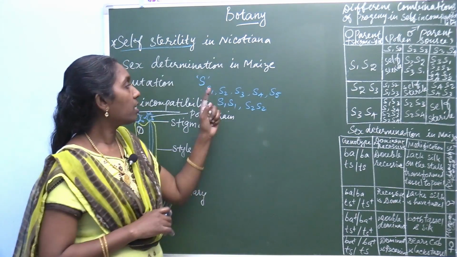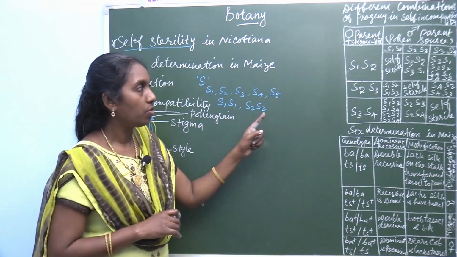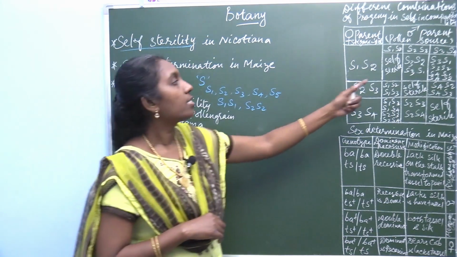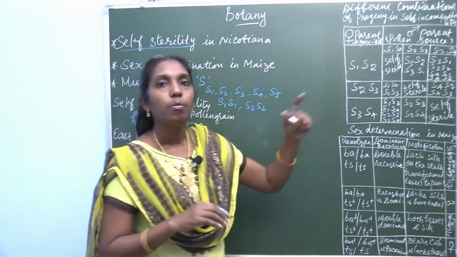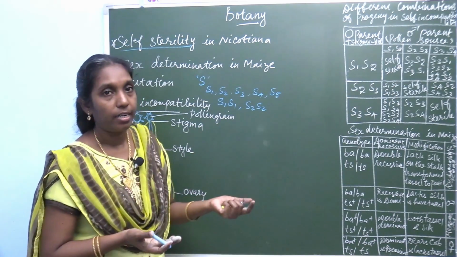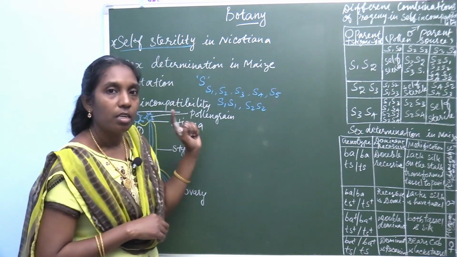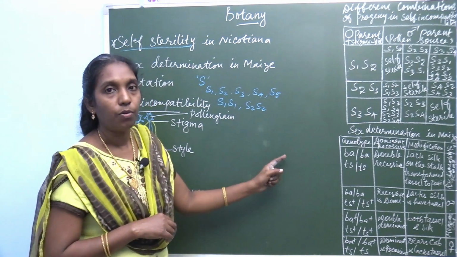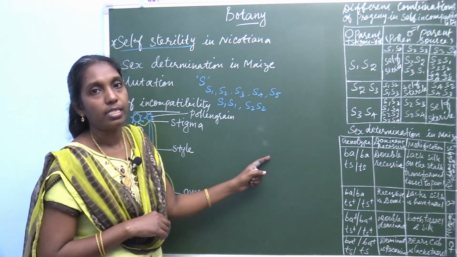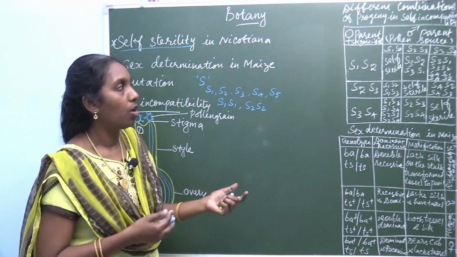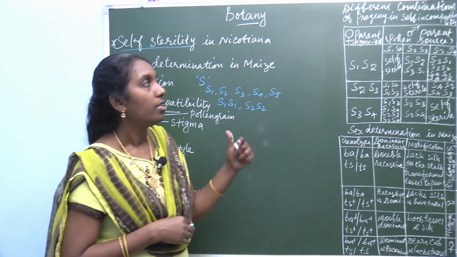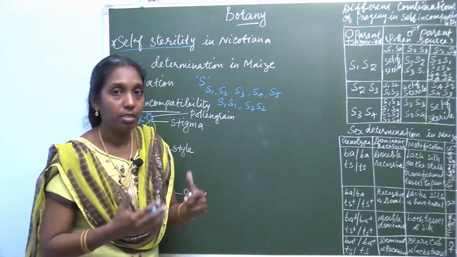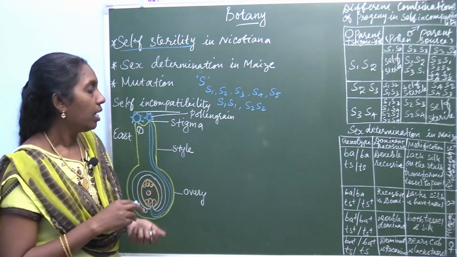Homozygous forms S1 S1 or S2 S2 will not produce progeny; they create self-sterility. But if it is heterozygous, such as S1 S2, S3 S4 or S5 S6, it produces progeny, and the pollen grains start to germinate.